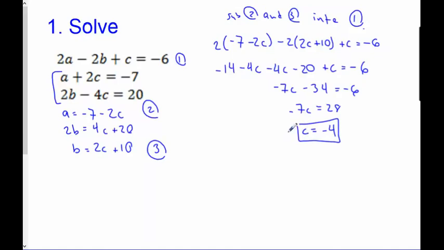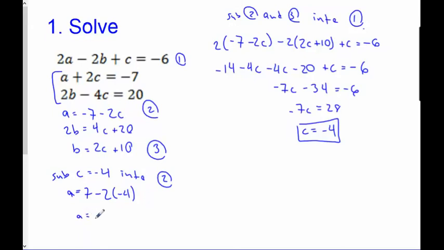So I've got c, and just like the other questions we've done, we need to find the other variables too, right? Before we've done questions with two variables, so that means one more step. Here I'm trying to find a and b as well, so I'll actually have to do two different substitutions here. So over here we'll say, let's sub c equals -4 into equation 2. Right, if I do that, I can plug in something for c, and then I can find a. So a is -7 minus 2 times -4, would be +8.